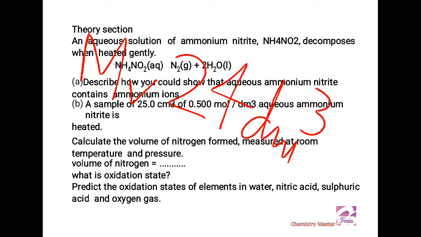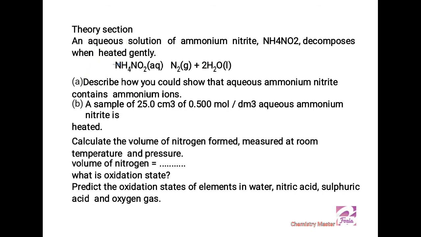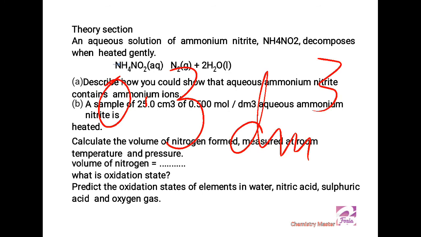So 0.0125 moles will be multiplied by this 24 decimeter cube to get the correct answer, and that is 0.3 decimeter cube. So this is the volume of nitrogen gas that will be produced.